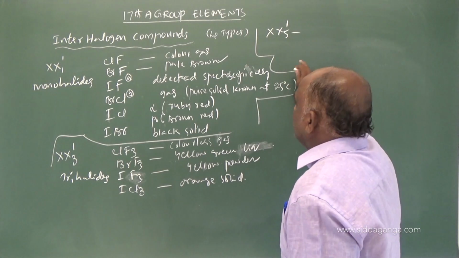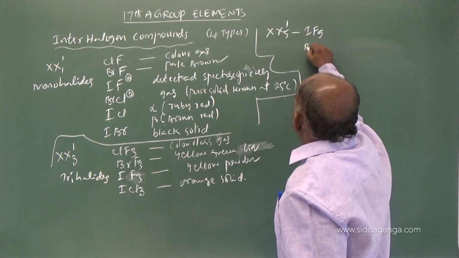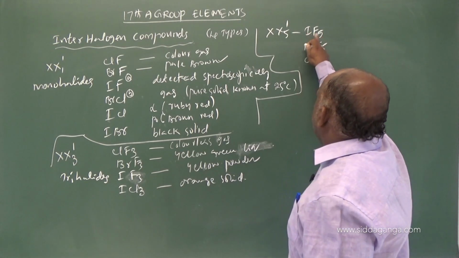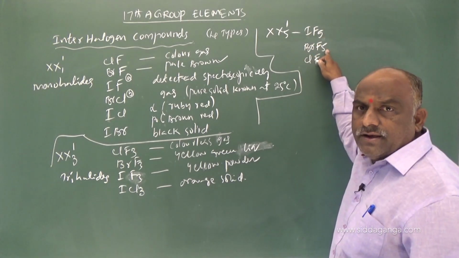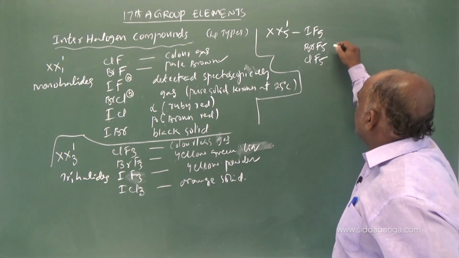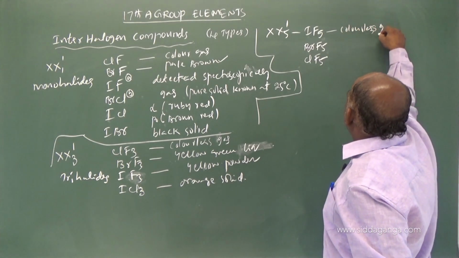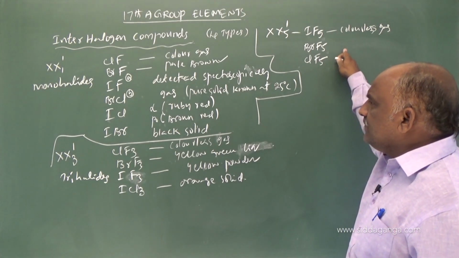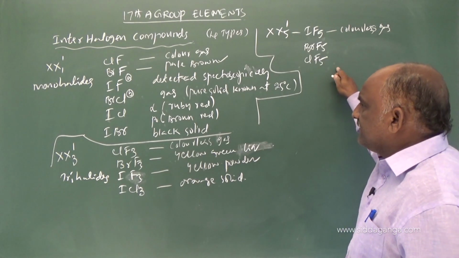Number one is IF5, second is BrF5, and third is ClF5: iodine pentafluoride, bromine pentafluoride, chlorine pentafluoride. Iodine pentafluoride is a colorless gas, while bromine pentafluoride and chlorine pentafluoride are colorless.